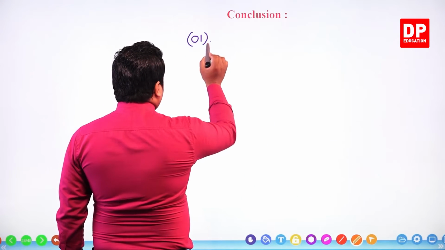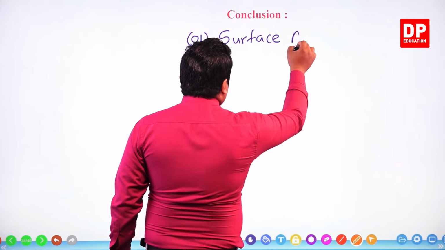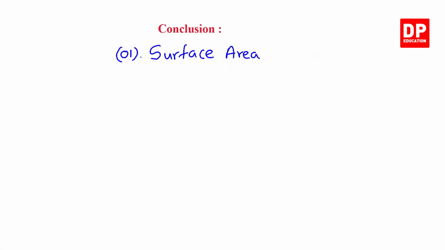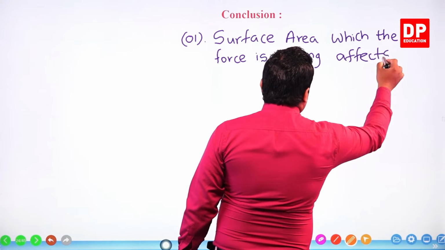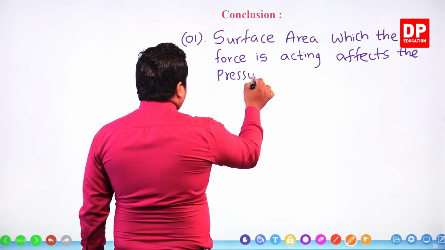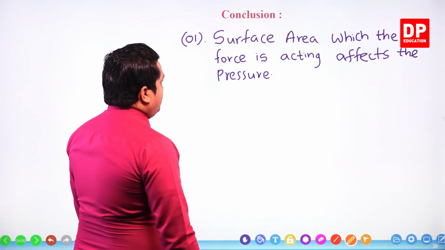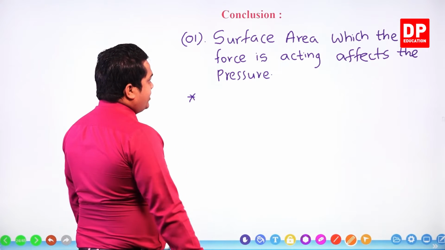Number 1: Surface area on which the force is acting affects the pressure. Under that we can write how it is going to affect.